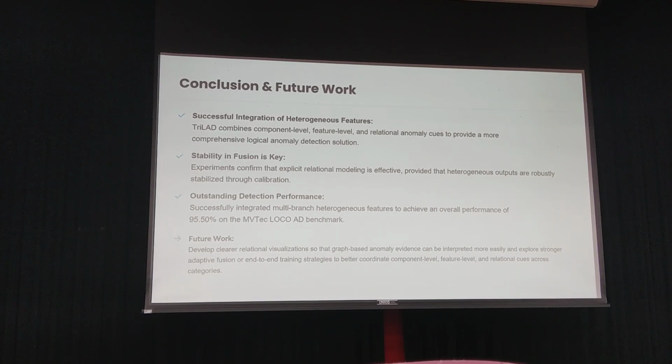I think the most important takeaway is that relation modeling can help, but only when the branch outputs are used carefully and robustly. For future work, I would like to improve relation visualization and explore stronger fusion strategies for more robust performance across categories. That is all for my presentation. Thank you. Any questions?